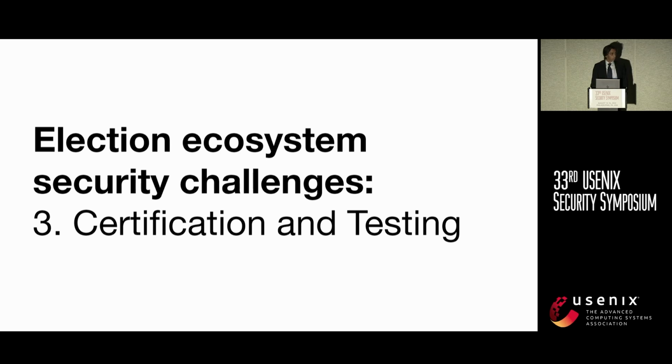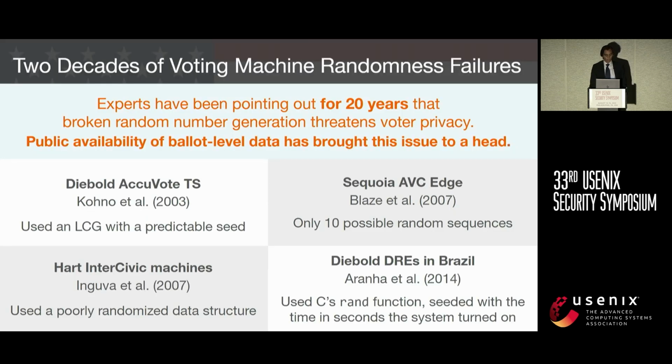The third thing that I want to talk about is certification and testing and how this vulnerability came to exist in the first place. Now, DVSorder doesn't stand alone. It's part of more than 20 years of security researchers warning that broken random number generators threaten voter privacy. This is the sort of thing the regulators should have been aware of. They should have been on the lookout for.